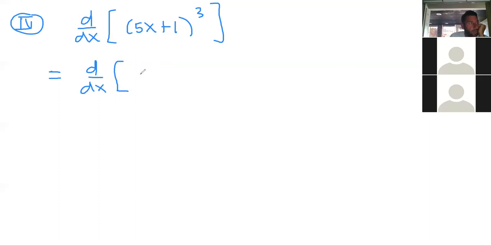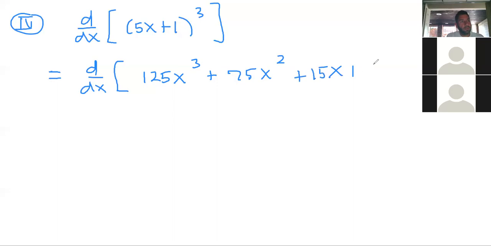You get that this is 125x cubed plus 75x squared plus 15x plus 1. I don't know if you guys are familiar with any of this or not. But either way, you can do it the long way, or you can know the shortcut that I'm using.